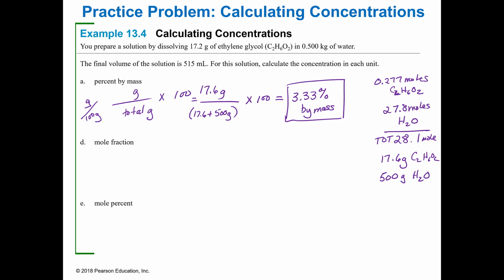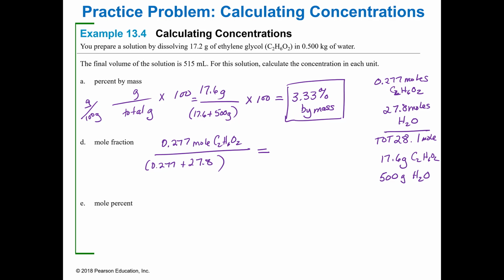Okay, then the mole fraction. In the mole fraction, I know that I have 0.277 moles of the C2H6O2 divided by the total moles, which was 0.277 plus 27.8, because I have to have the moles of the water and the moles of the ethylene glycol.